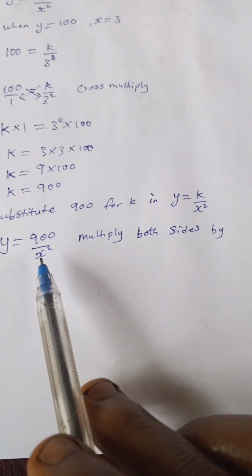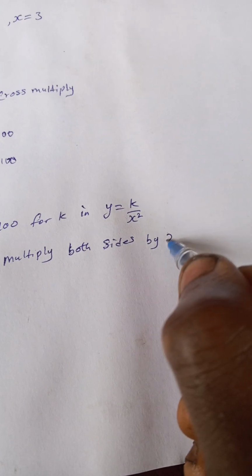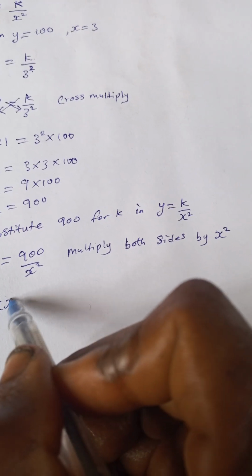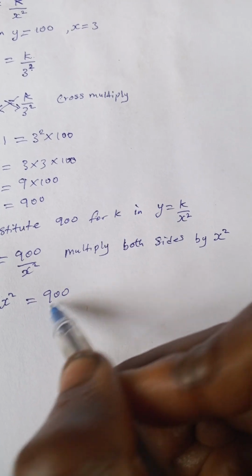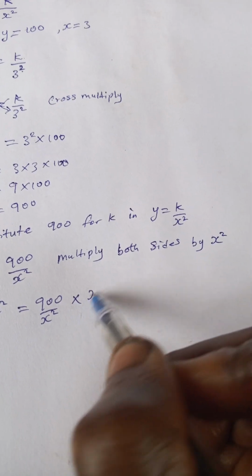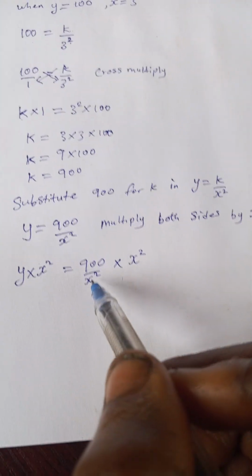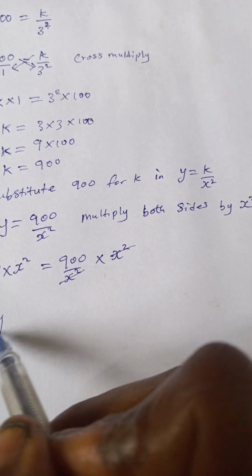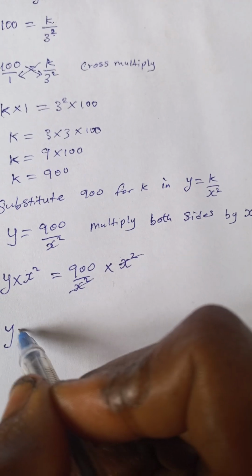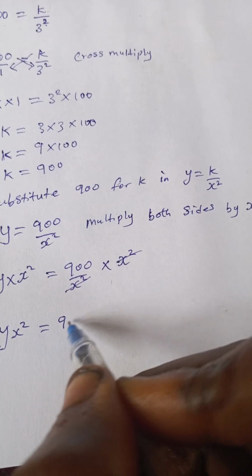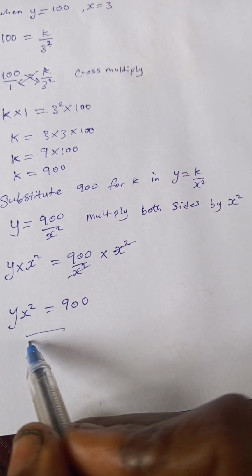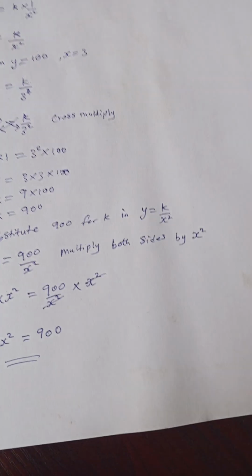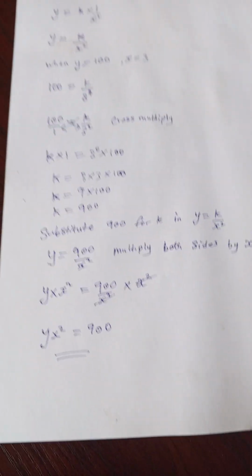We have only one fraction here, so the denominator is the square root of x, so we're going to use the square root of x. If we do that, we have y times the square root of x is equal to the value over the square root of x times the square root of x. This will cancel out and we'll be left with just the constant. Now this is the required answer. So this is the equation that connects x to y.